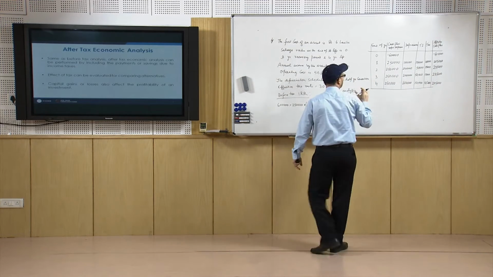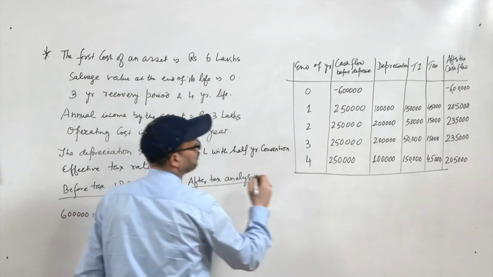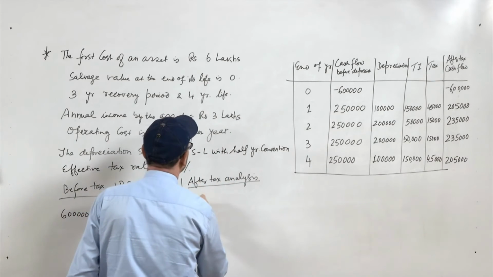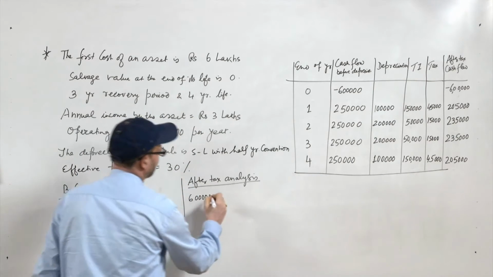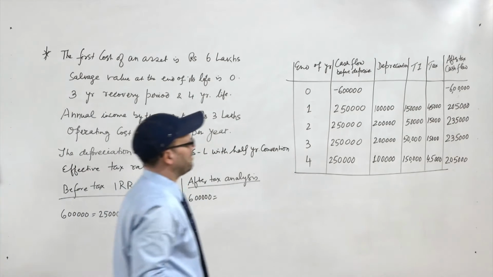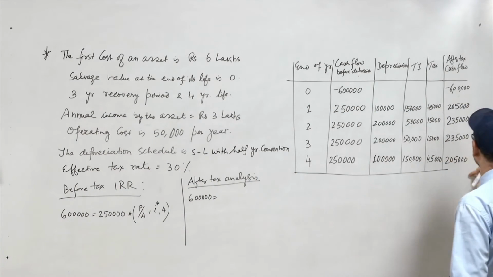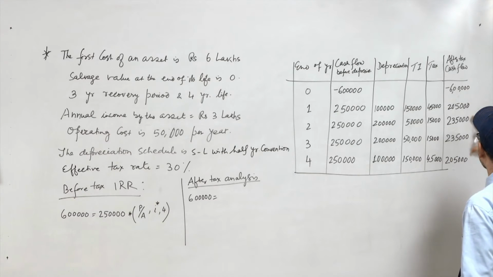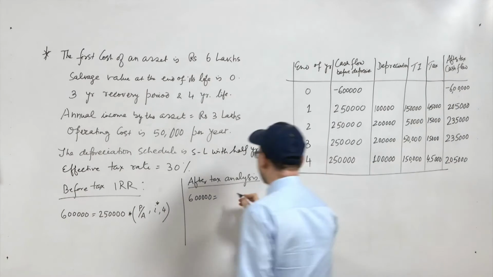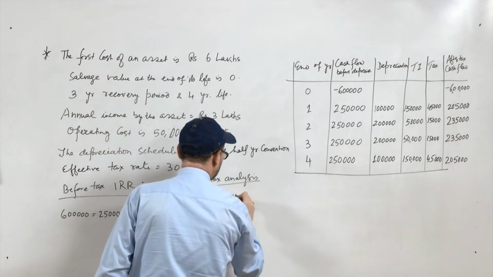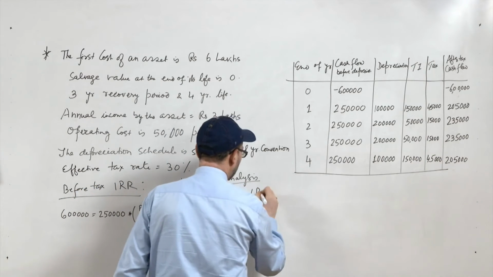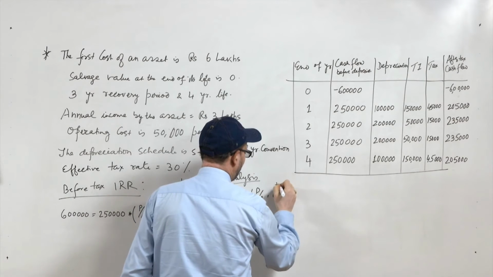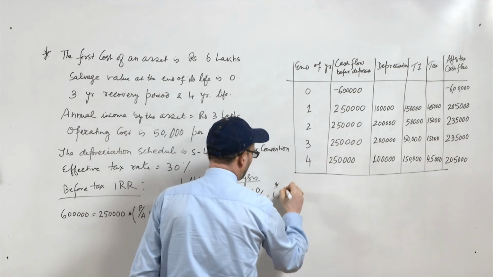So you have 6 lakh equal to 2,05,000, the amount given in these 4 years, multiplied by P/A, i*, 4.